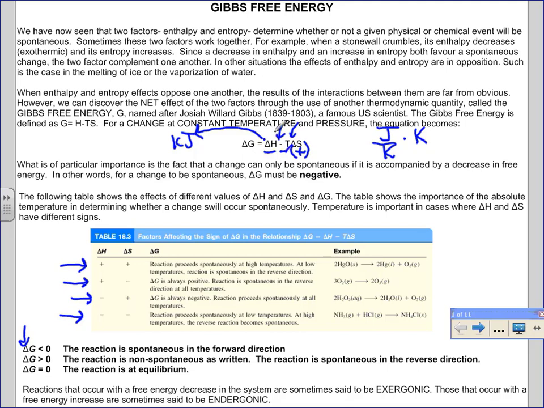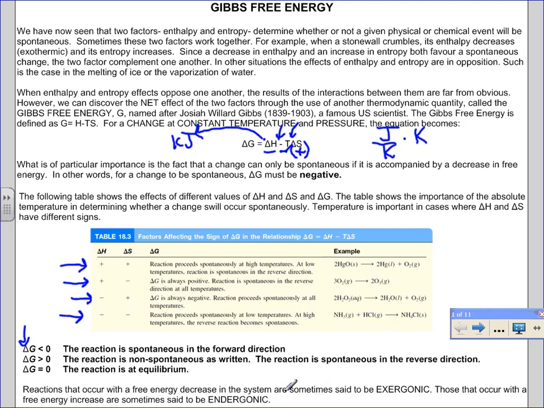So with the enthalpy having a negative value and the entropy having a negative value, at low temperatures it's going to be spontaneous, but at higher temperatures this term is going to end up being larger than the delta H, which is going to lead to a positive delta G.